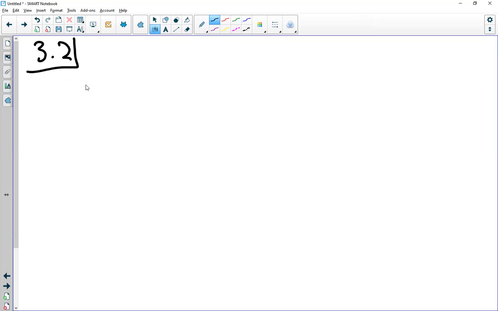Okay. When it comes to logs, we're just going to plug this in a couple of times, and sometimes we're going to do it by hand. You could do either way. So let's say you have log base 2 of 16, and I ask you to find this by hand. What we could do is set it equal to x.